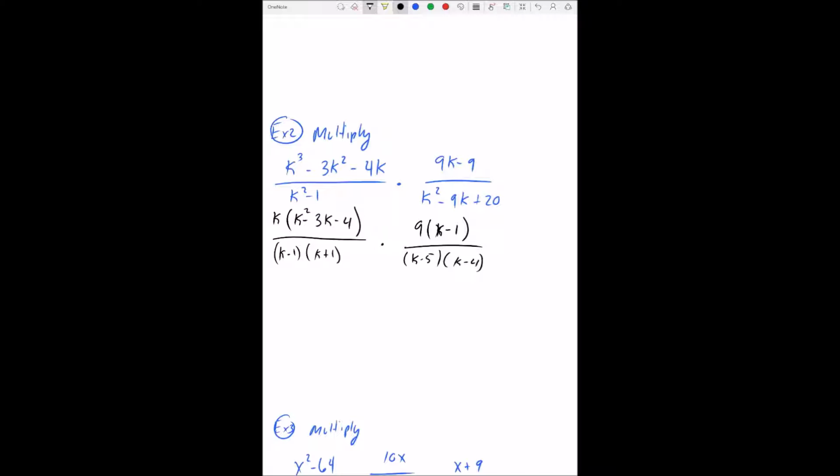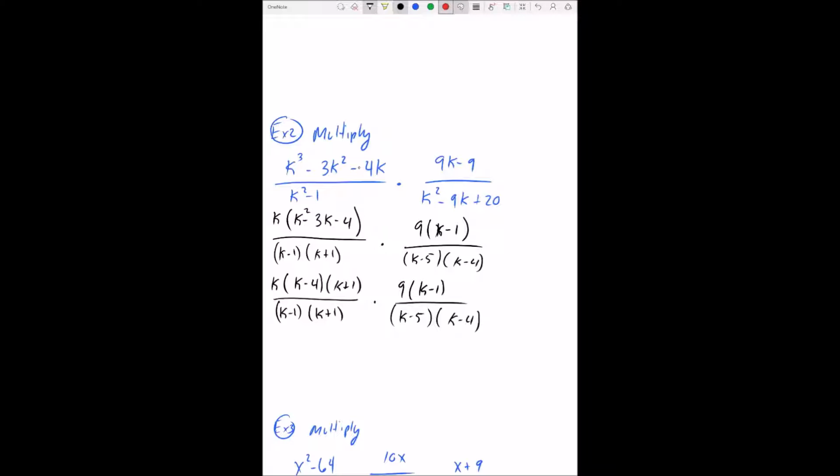So if we do, we'll have k times (k minus 4)(k plus 1), over (k minus 1)(k plus 1), times 9 times (k minus 1) over (k minus 5)(k minus 4). Alright, so let's look top and bottom.